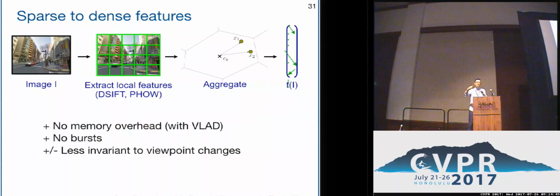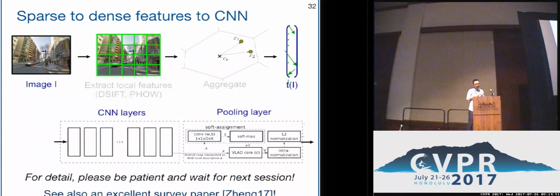So we don't need so much invariance to viewpoint changes. In fact, this dense-based representation naturally leads to the recent CNN-based representation like NetVLAD, because we can regard the convolutional layers as densely described features. So it is quite natural to extend to the CNN-based representation.